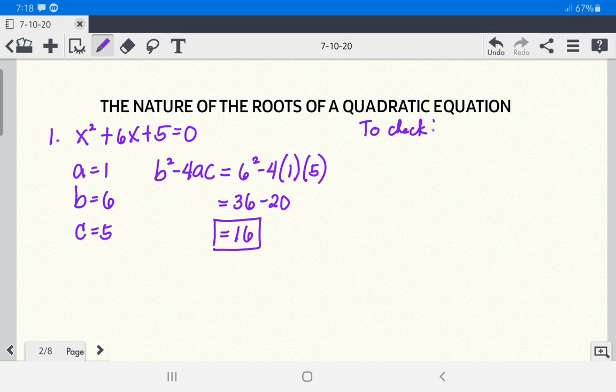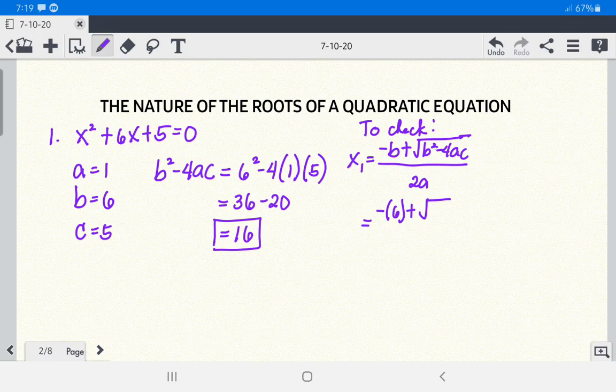To check, let us find the first and then the second root using the formula. x sub 1 is equal to negative b plus square root of b squared minus 4ac over 2a. So we have negative the value of b, which is 6, plus square root of 16, since we know that b squared minus 4ac is 16 from the solved discriminant, over 2 times 1.